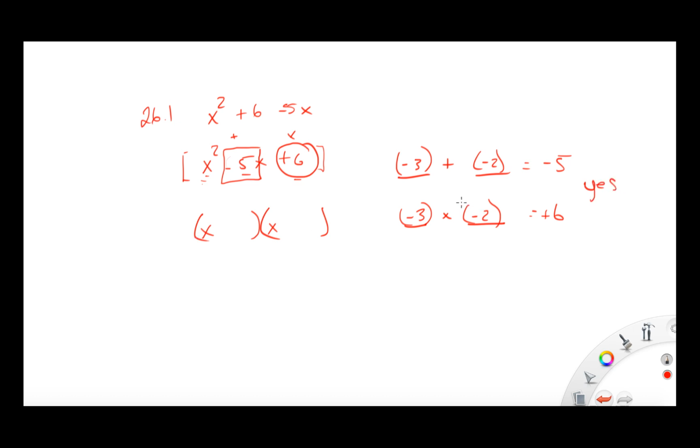So what I know is that this number and this number can go in here, and it doesn't matter what order. This is my factor of the x squared plus 6 minus 5x, or rearranged x squared minus 5x plus 6. So that's how you do a factorization in that section.